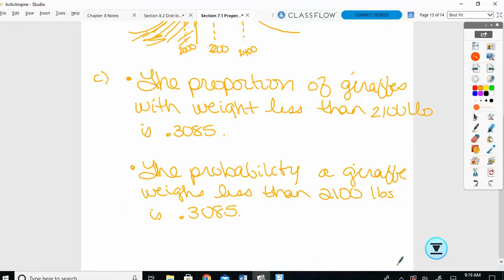So that's my two interpretations. I can think of it as a proportion of the whole population or the probability of one giraffe.